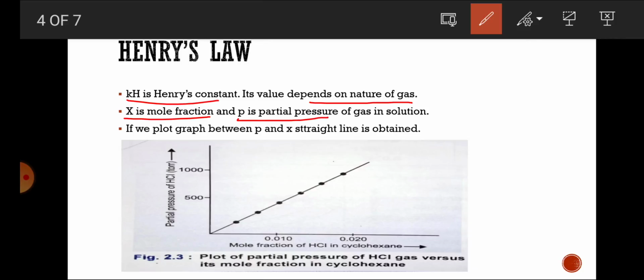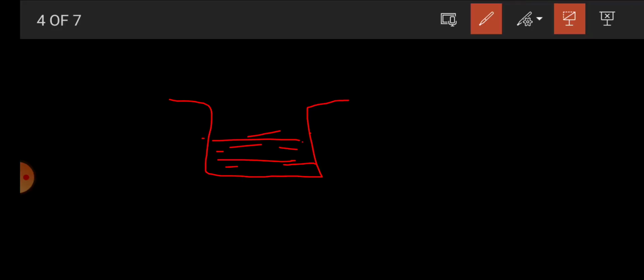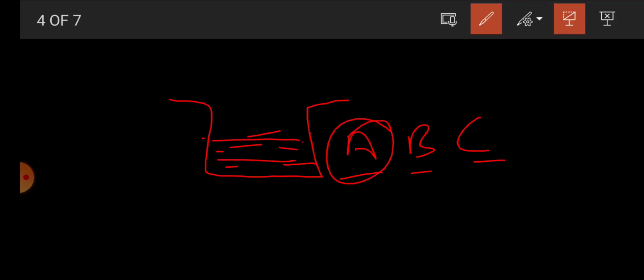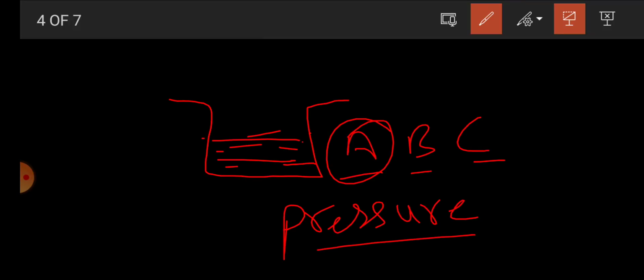So I want to tell you what partial pressure is. If you think that a number of gases are present in the solvent, you can say A, B, C, three different gases, then we check only the pressure of A, which is called the pressure of A. So in the solution, if we are talking about the pressure of only A, that is called partial pressure.